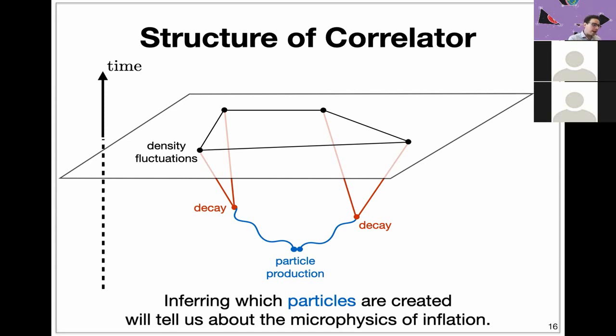I have some particle that I can't observe directly, maybe ultra heavy by collider standards, but light during inflation because of the Hubble scale during inflation. It gets pair produced, then it decays into the inflatons, and then the inflatons at the hot Big Bang source a very specific pattern of density fluctuations.